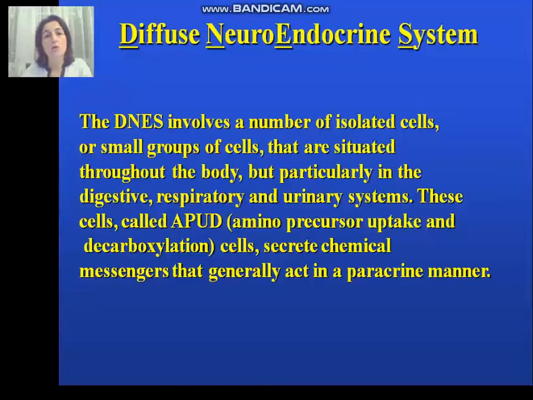They compose the diffuse neuroendocrine system. Another name for it is the APUD system. What does it mean? Amino precursor uptake and decarboxylation.